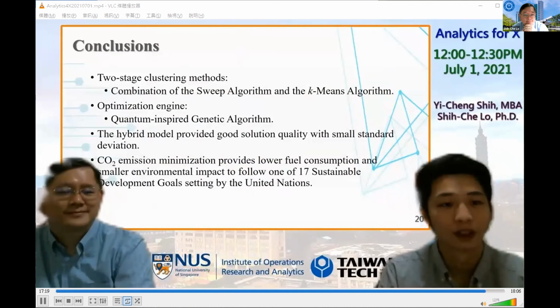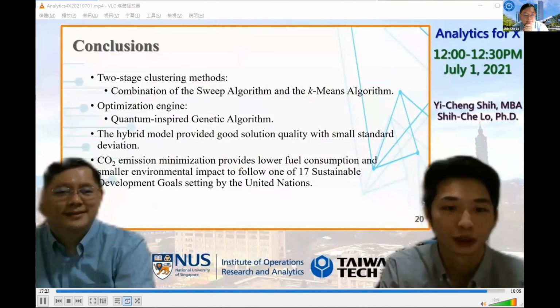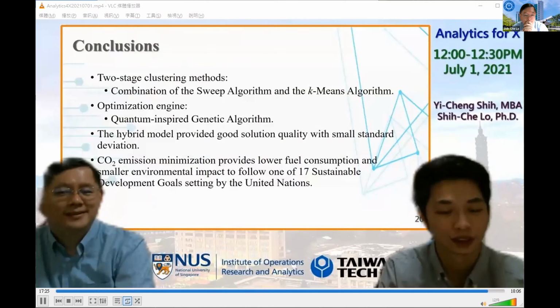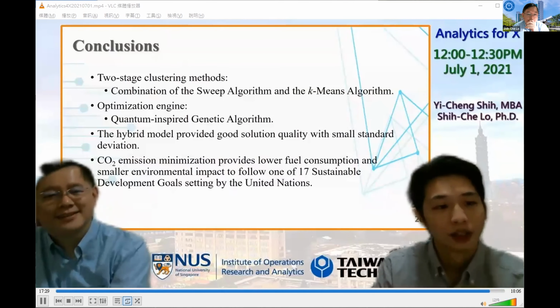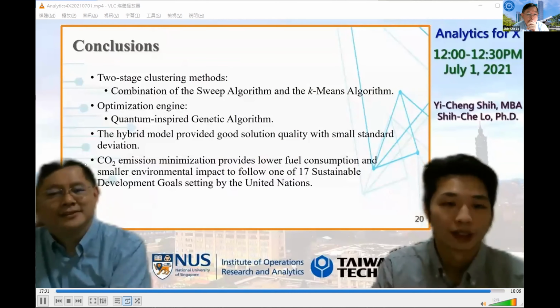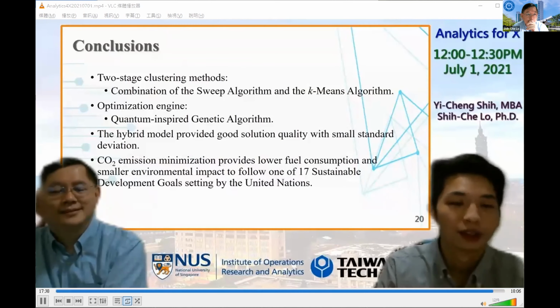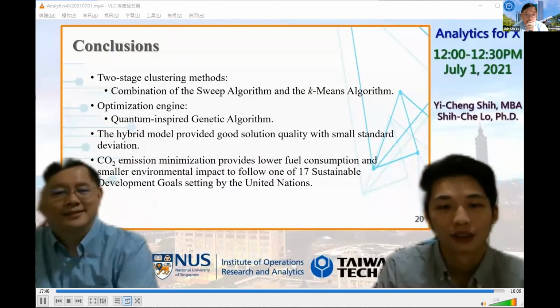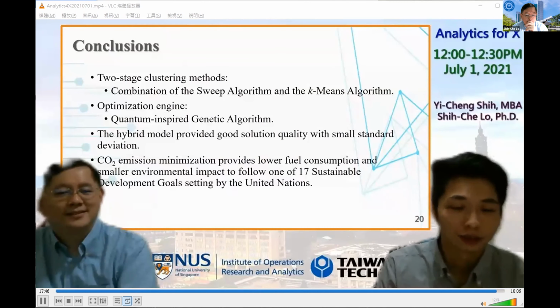After the experiments, we find that the hybrid model provides good solution quality with small standard deviation. And CO2 emission minimization provides lower fuel consumption and smaller environmental impact, to follow one of the 17 sustainable development goals set by the United Nations.